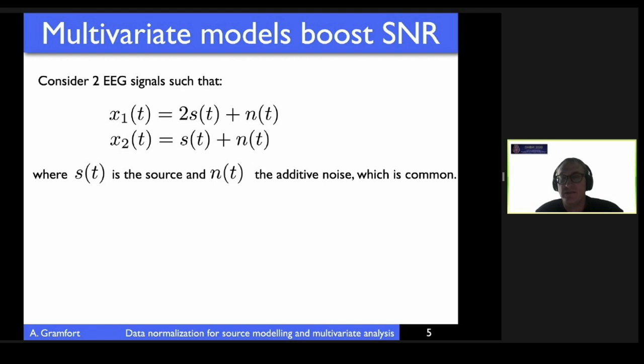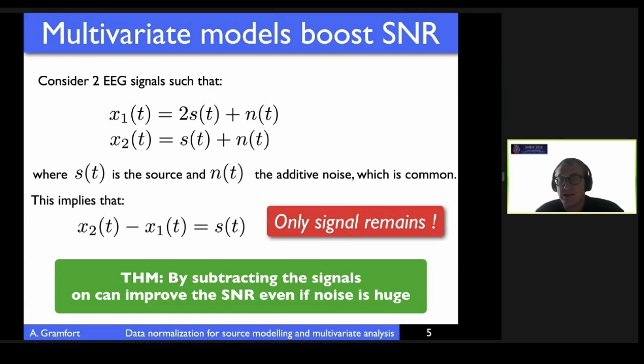Now I'm going to do something rather simple: I just subtract my two signals. Actually, I should subtract X1 from X2 to make this work, but sorry about the tiny mistake. What you see is that by subtracting the two signals, you do get rid of the noise.